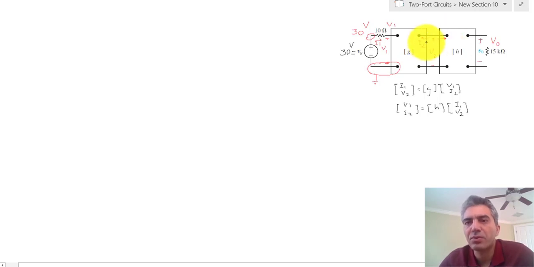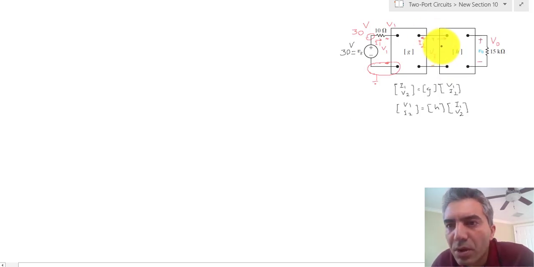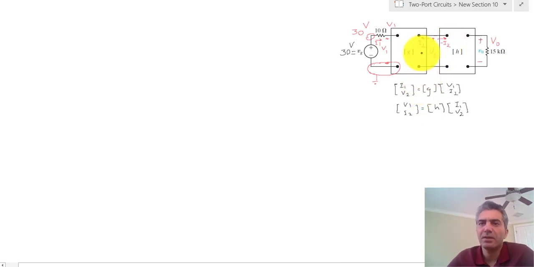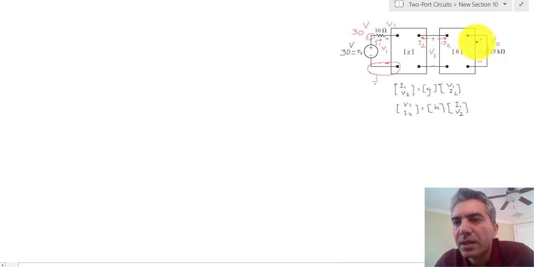In other words, these two are opposite of each other. So I'm going to just call this one minus I2 as opposed to calling it something different and then writing KCL for that node. And then finally, out here, I'm going to call that I out.